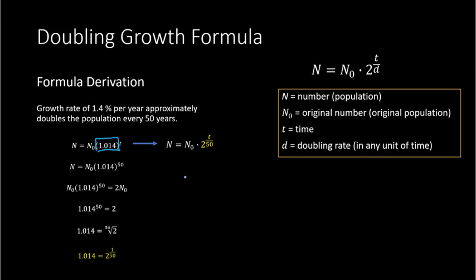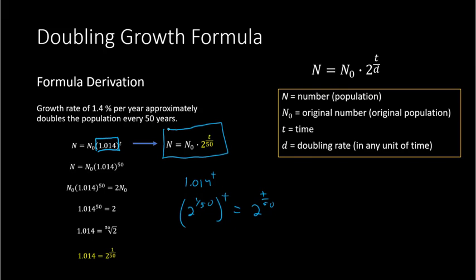So the 1.014 is raised to the t power, but you're replacing the 1.014 with 2 to the 1 over 50th, which is raised now to the t power. You have a power to a power, so you multiply the exponents. 1 over 50 times t gives you t over 50 as your exponent. And that's where this comes from right here.